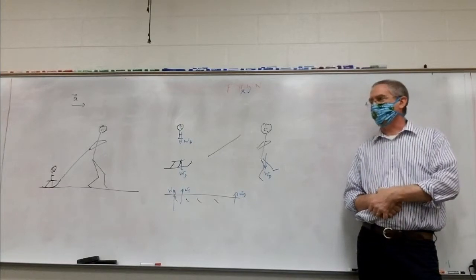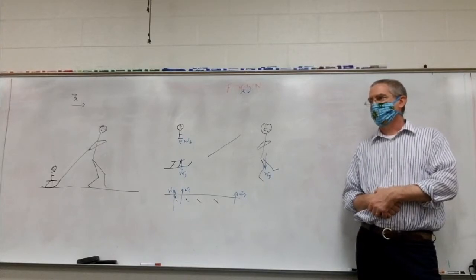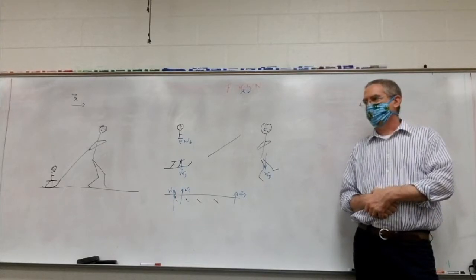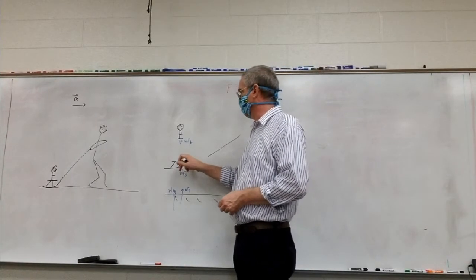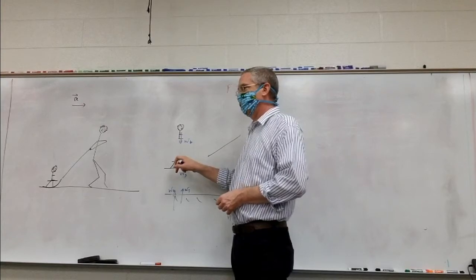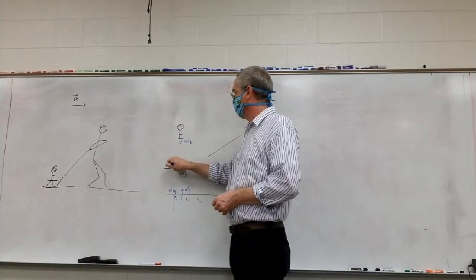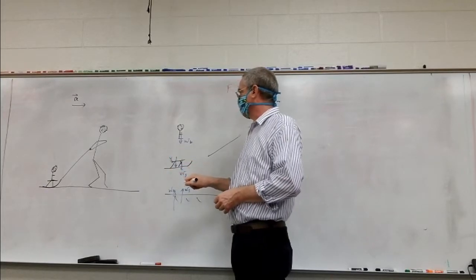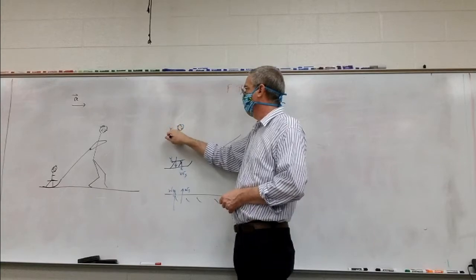Okay, acting which way on what? Down on the sled. And what's causing that down on the sled? Okay, so down on the sled. Which way is it acting on the boy then? Yep, someone's got to be holding them up.